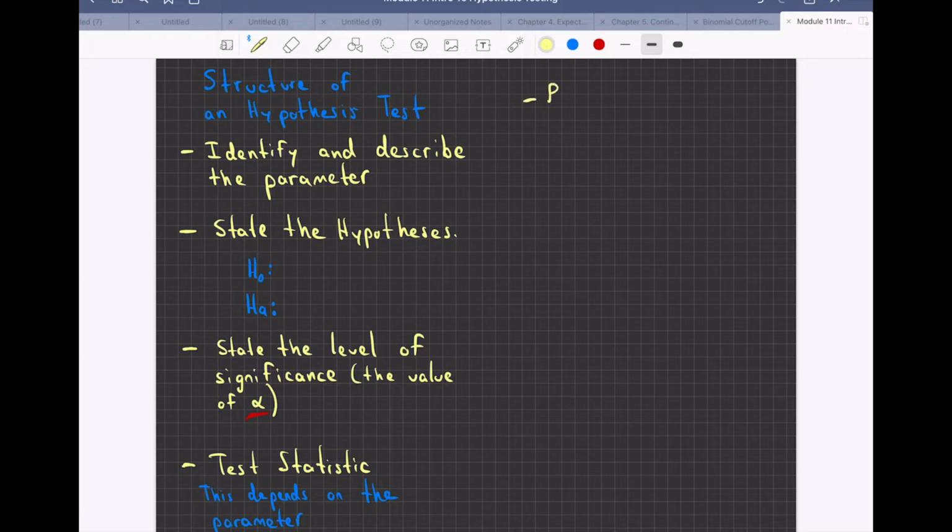Next, p-value. How to compute the p-value? Well, that is going to depend on the alternative.